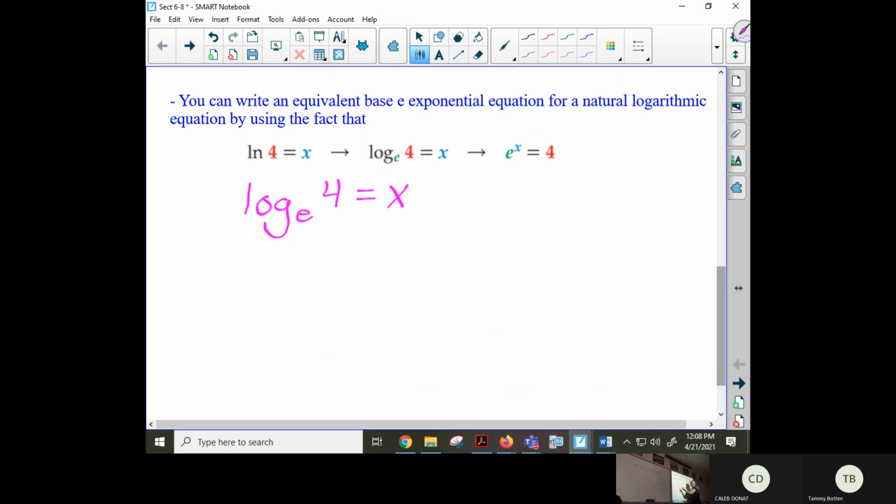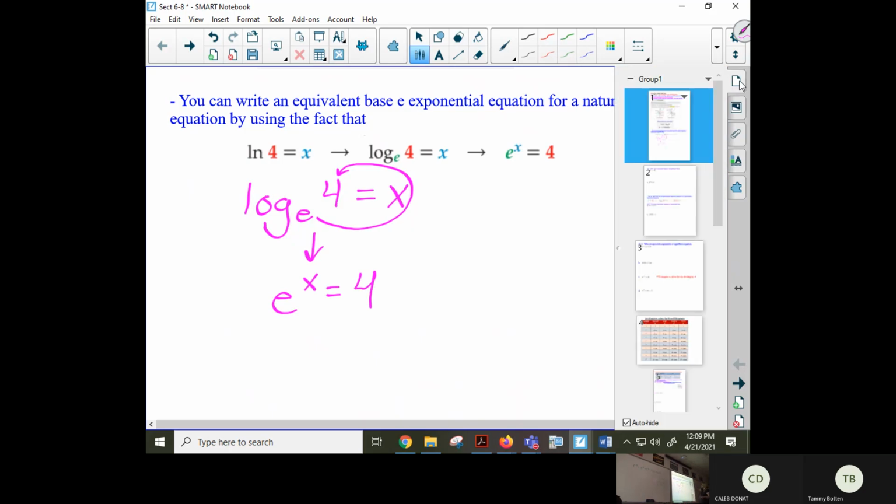To change that to exponential form, you do that loop again, and you'd get e to the x power equals 4. So we look at natural log, think of it as log base e, and then to convert to exponential form, you do the loop.